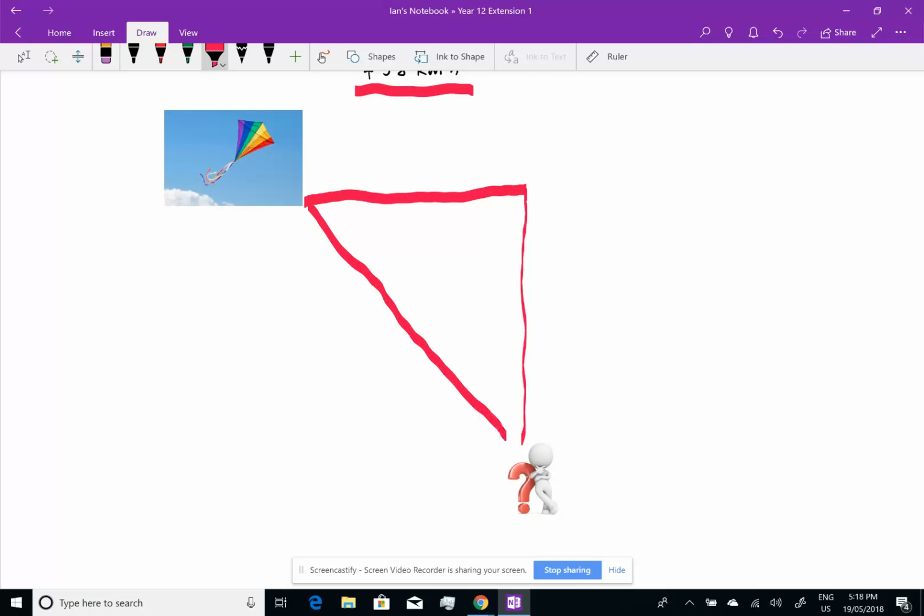So we're going to have Pythagoras again, and that's going to be our D. And what will we call this? Well, let's go with X again. And this height was 20. The kite's moving along horizontally in that direction.